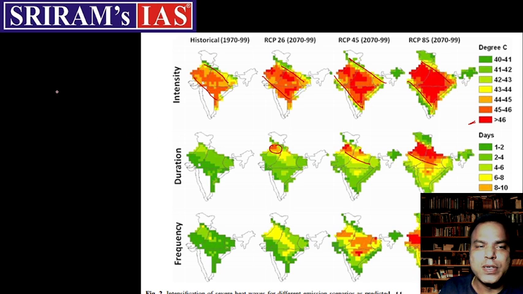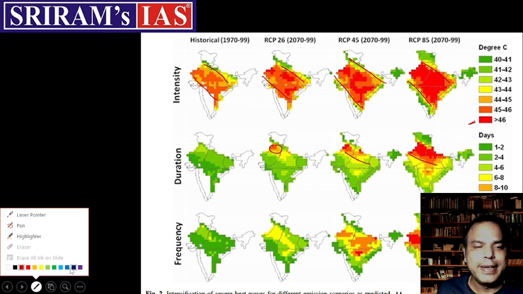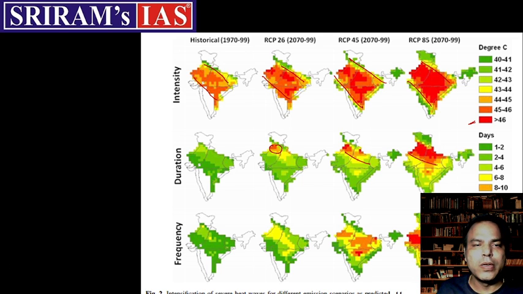And what is the impact of climate change and global warming on these heat wave incidents? All three parameters, intensity, frequency, and duration, have been increasing with the passing time.